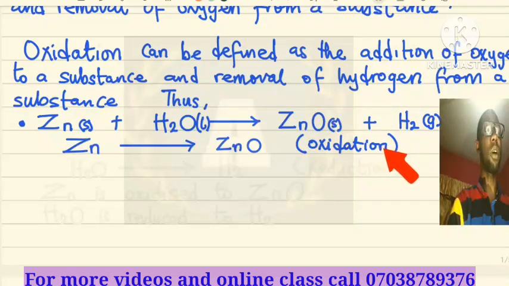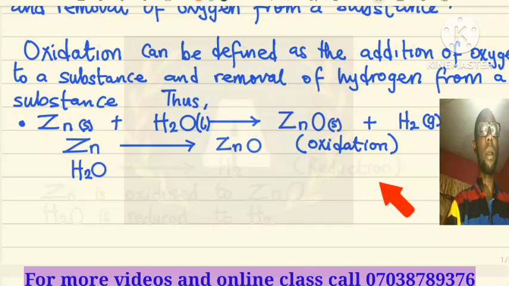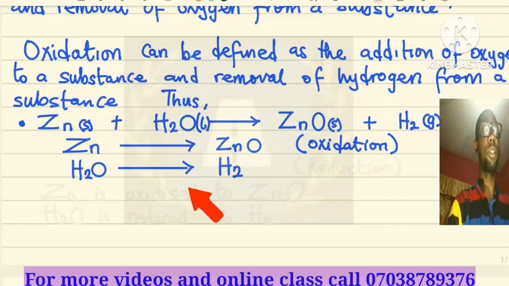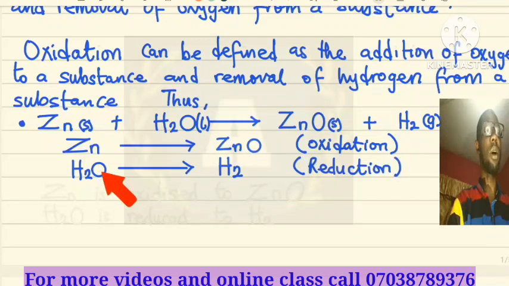So that is oxidation. Then here we have water. Oxygen has been removed from water to yield hydrogen. The removal of oxygen is known as reduction.